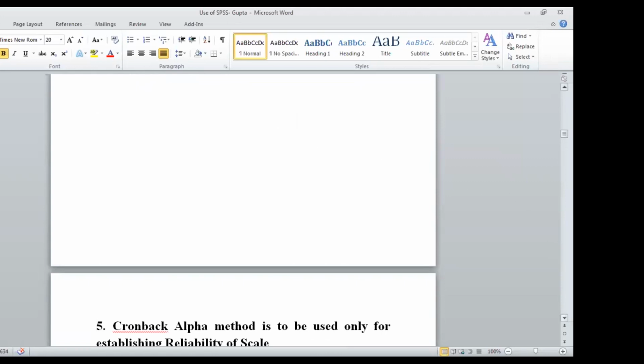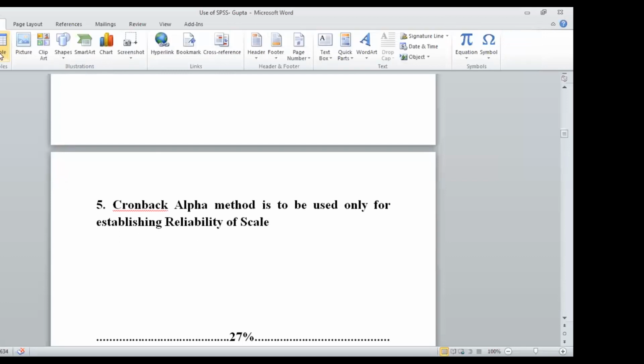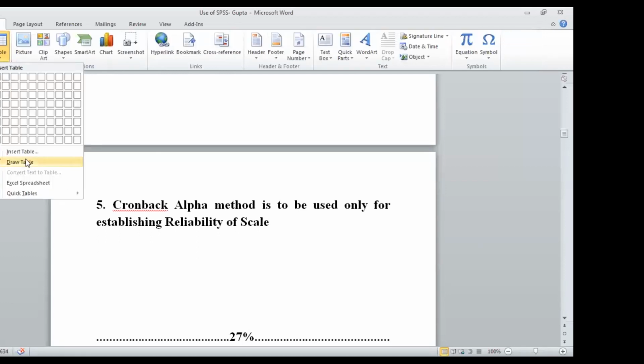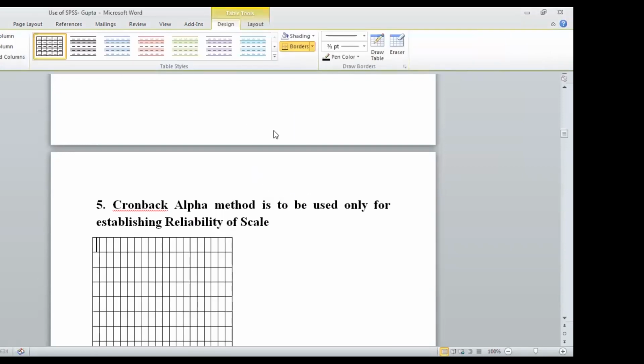So what you do is, you have administered it only once, and you have done the scoring. And now you can enter the score something like this. Let me just stop sharing and I again share it.